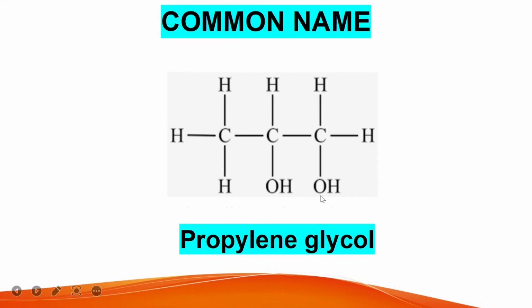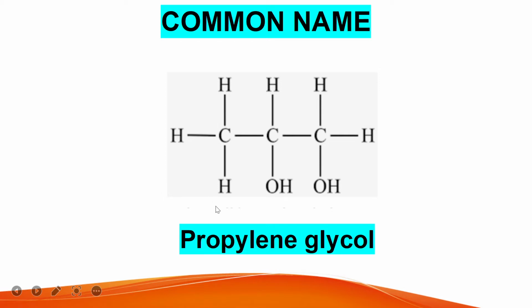Next, we have here the structural formula of propylene glycol. As you can see in this structural formula, there are also 2 hydroxyl groups bonded to 2 adjacent carbon atoms. And in this structural formula, there are 3 carbon atoms.